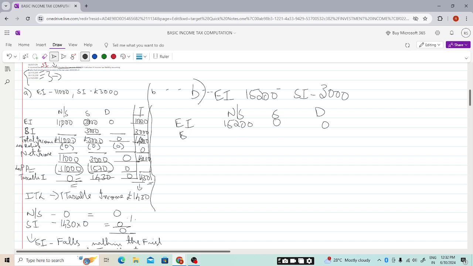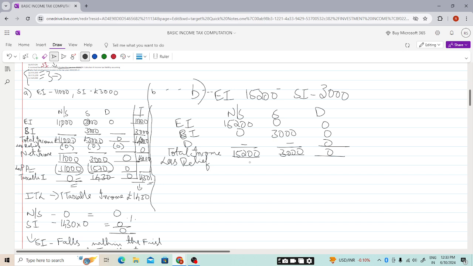Saving income, that is bank interest, will come under the head of saving income, that is 3,000 pounds. Dividend 0. So dividend income is also 0. So by doing this, we will be getting our total income. What will be our total income? 15,200, 3,000 and 0.